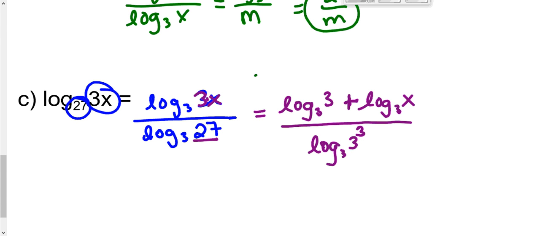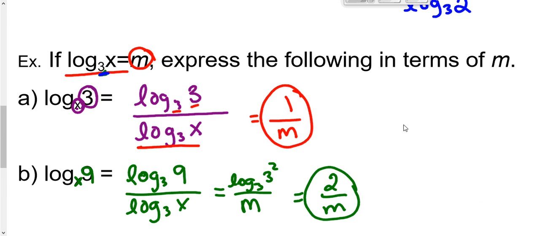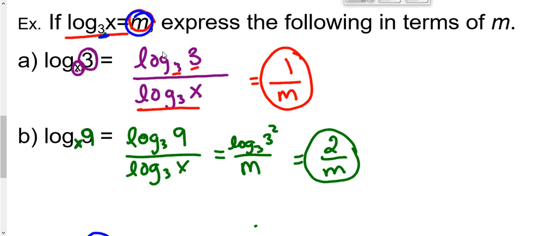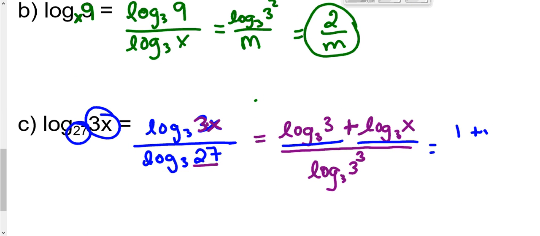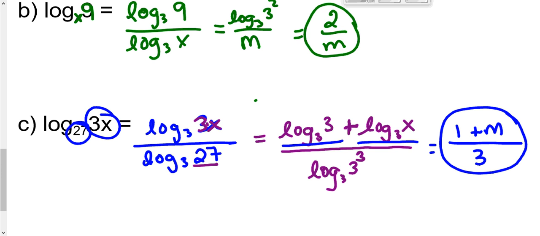So on the top, log base 3 of 3 is 1, plus log base 3 of x is m. Log base 3 of 3 cubed is 3. So that's an equivalent form of that, using that substitution that they've given us.